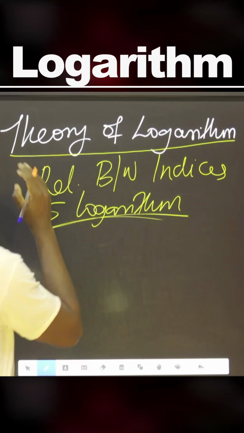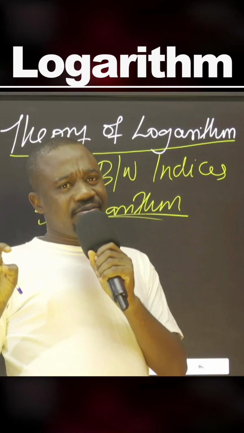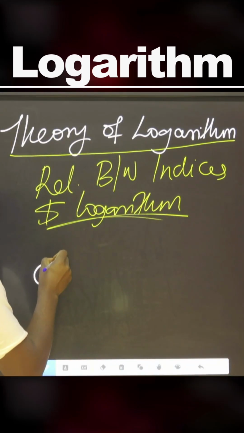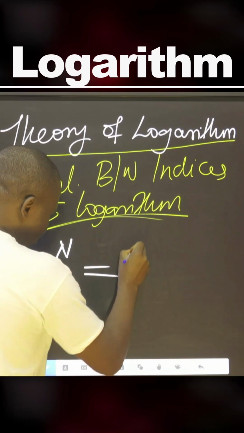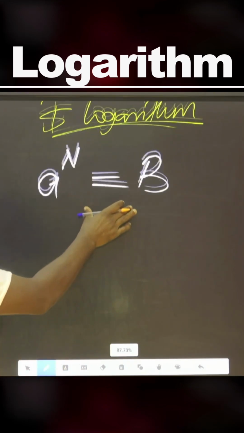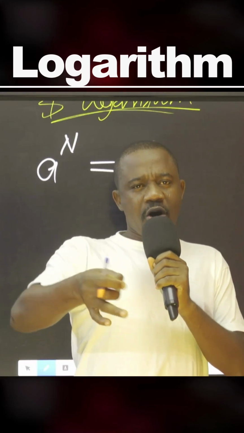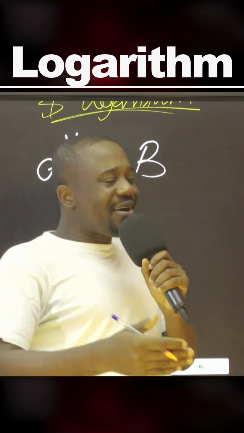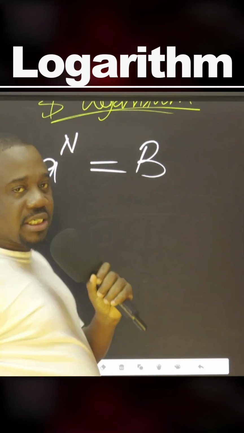Now, we are talking about the relationship between indices and logarithm. For instance, if I say a raised to power n is equals to b, let me tell you what is going on here. One day, I visited the country of logarithm in the other world. When I arrived, I started seeing some behaviors between the elements.